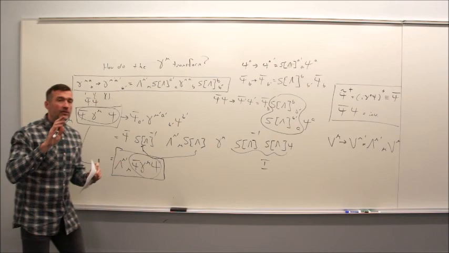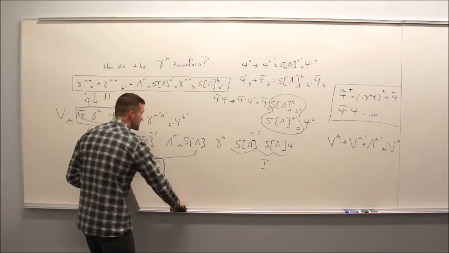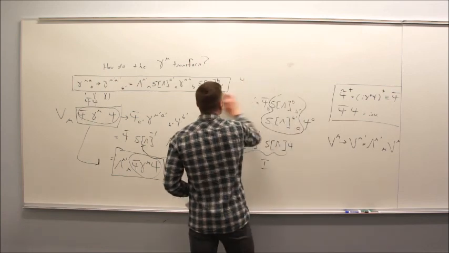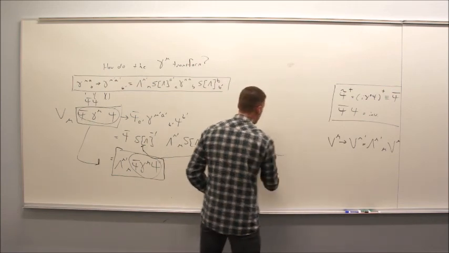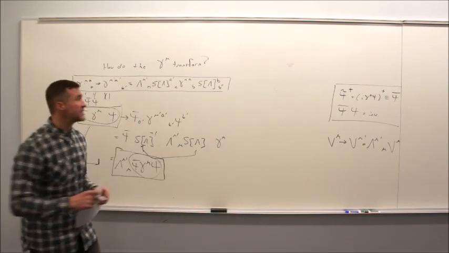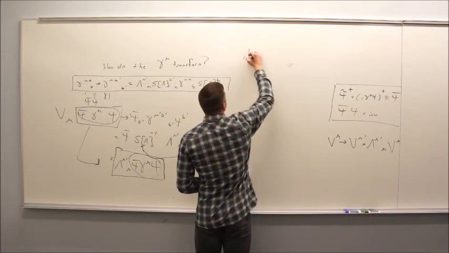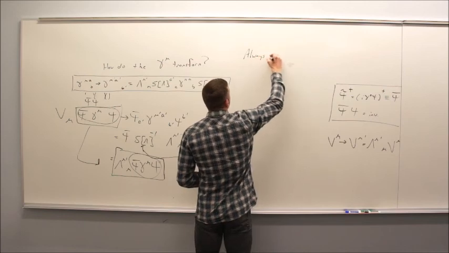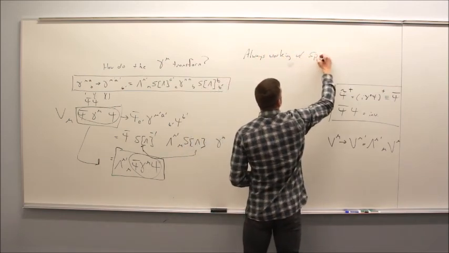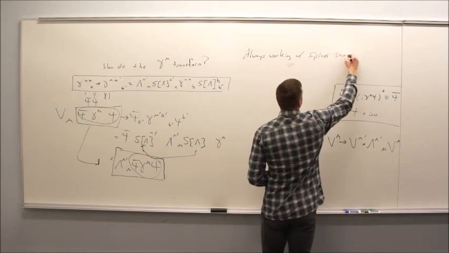Okay, so the takeaway from this, which is so nice, is the following. If we are going to deal with invariants in this course, building our Lagrangians and so forth out of invariants, we are always working with spinor sandwiches.